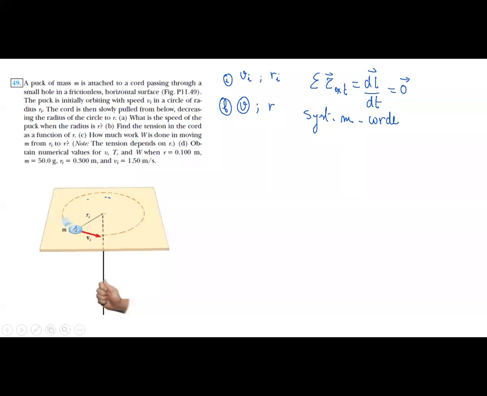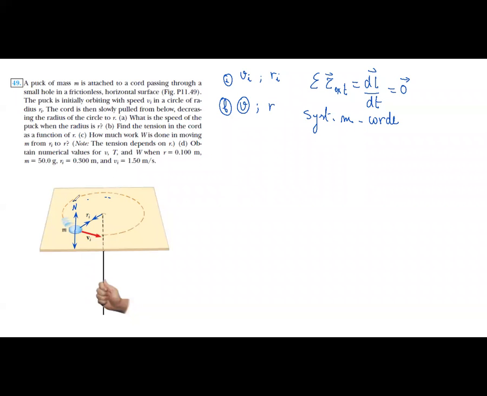Here we have the weight down, we have the reaction up, and the tension is not external, the tension is an internal force. We don't talk about the internal force.